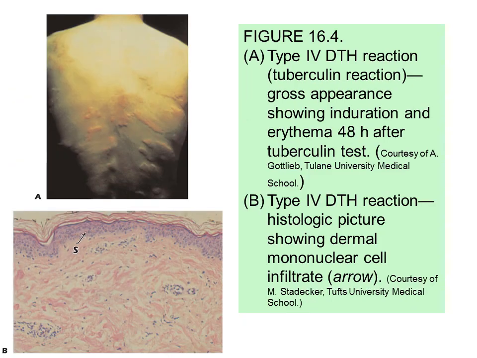As I said earlier, type 4, delayed type, this is a tuberculin reaction. You can see gross appearance showing induration and erythema 48 hours after the tuberculin test. So you can imagine, when you were tested over here and you should have a reaction over here, and again you forgot to tell the doctor that you have been vaccinated with BCG or you have TB going on right now, your active disease.